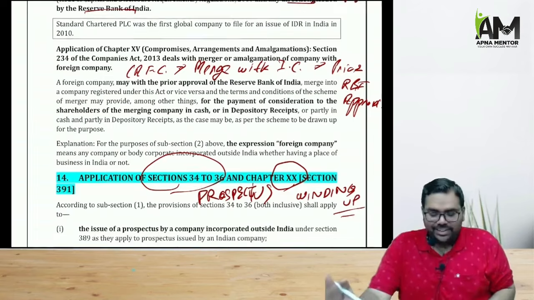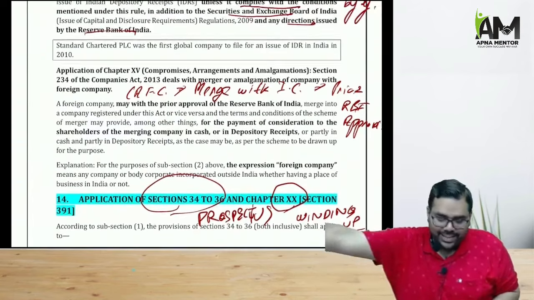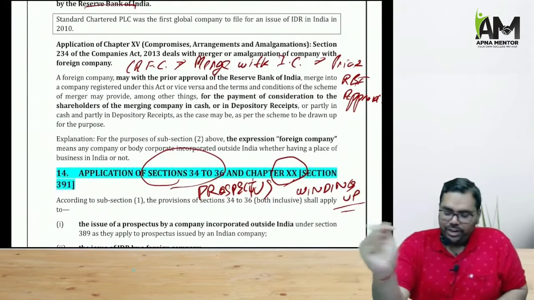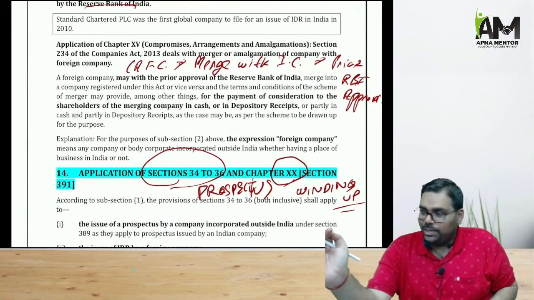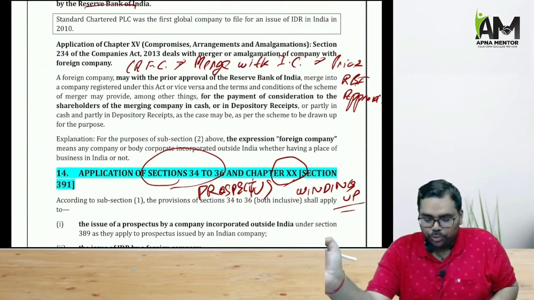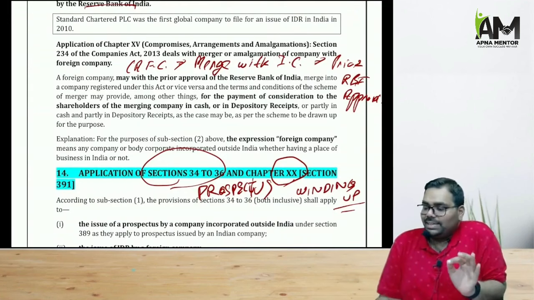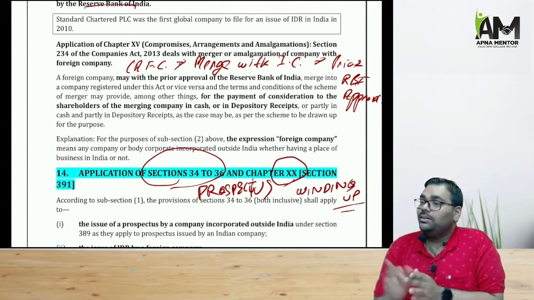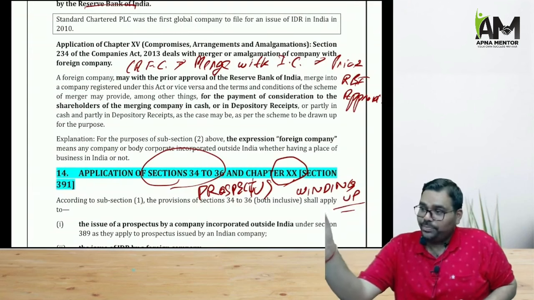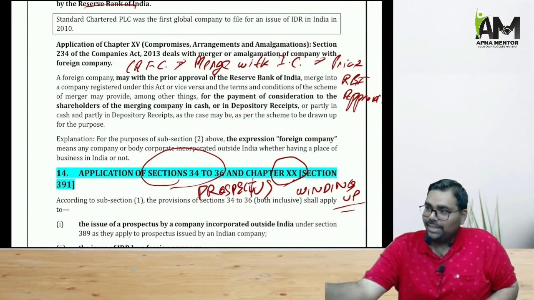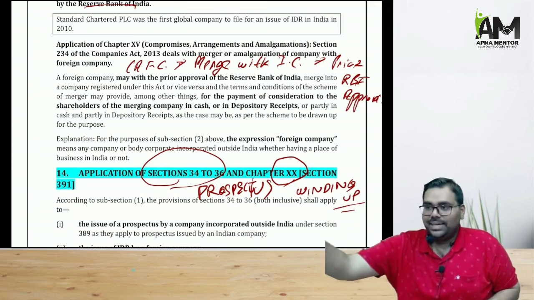And again they have clarified. What they say: a foreign company wants to merge with an Indian company, take prior approval of RBI. Now, what understanding do you get from this statement? That only a foreign company can merge with an Indian company.